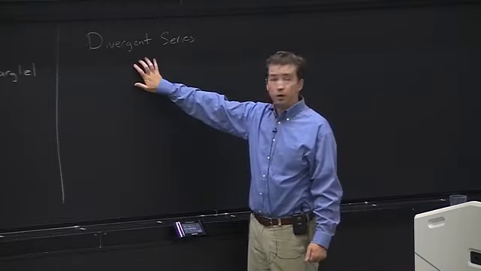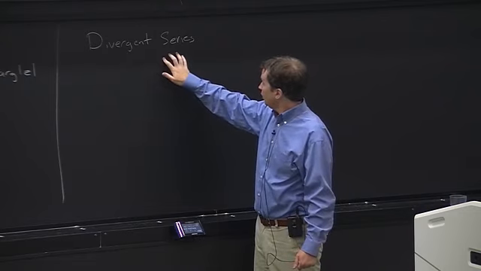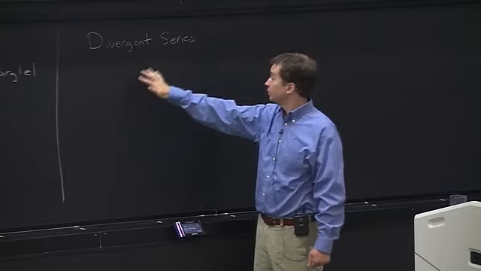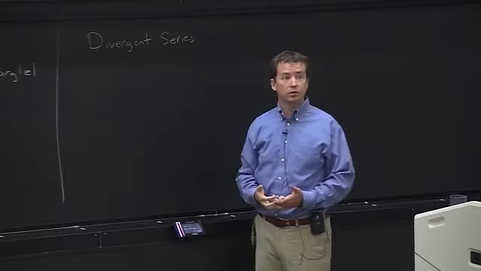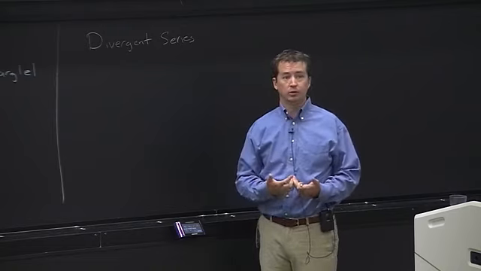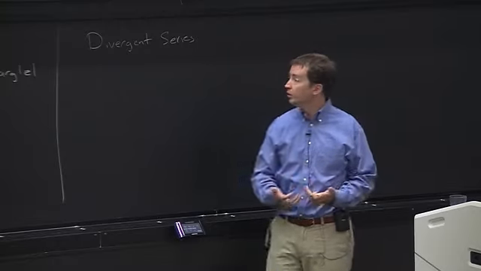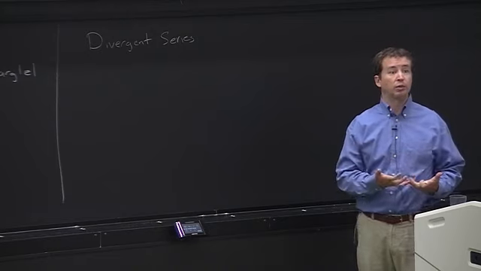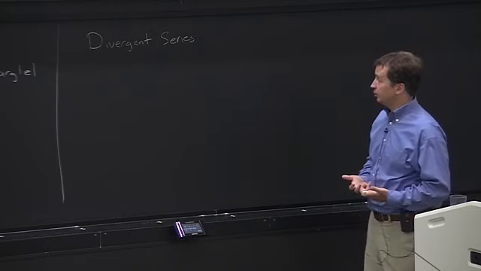Tomorrow we're going to discuss how to make sense of our answers, what divergent series, such as asymptotic series, can tell us about the finite quantities that we're trying to approximate.